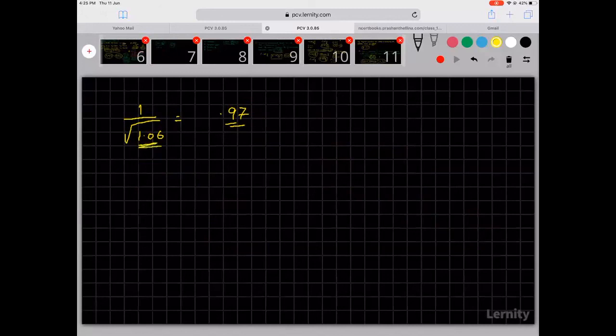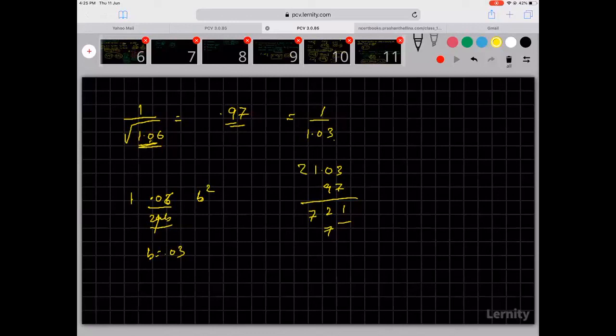So I am thinking in my head, what is a plus b whole squared? a squared is 1. 0.06 is 2ab, and then there will be a b squared. So a is 1. So 2b is equal to 0.06. So what is b equal to? 0.03. So this is equal to 1 by 1.03. Now further I am thinking, if you see 1.03 into 97: 7 into 3 is 21, carry over 2, 7 1s are 7, 9 3s are 27, carry over 2, 9 1s are 9 plus 2, 11.